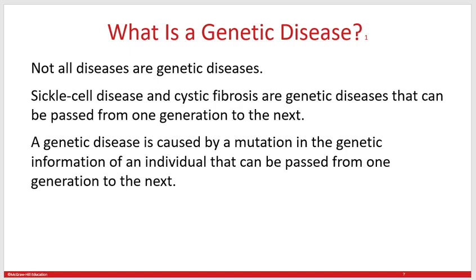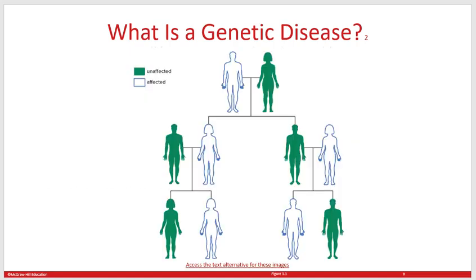Colds, the flu, COVID, those things are diseases that don't really have a genetic component to it, but things like cystic fibrosis, Huntington's disease, those are genetic diseases. And sickle cell itself is a genetic disease that can, of course, be passed on from one generation to the next.